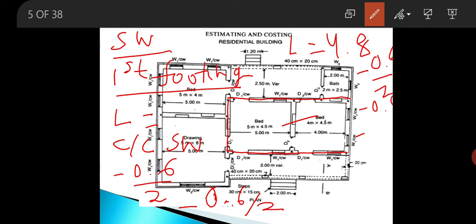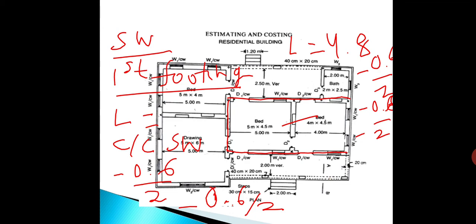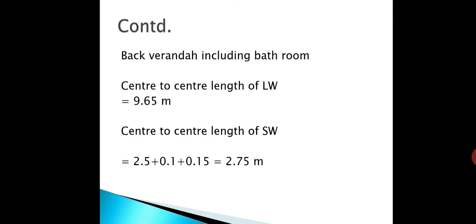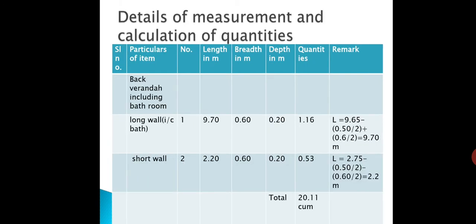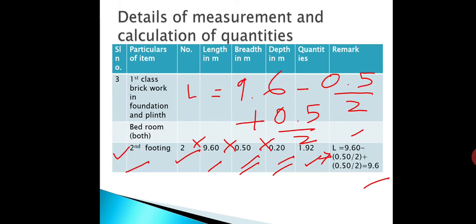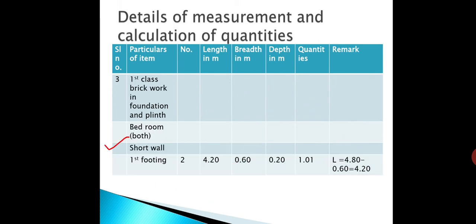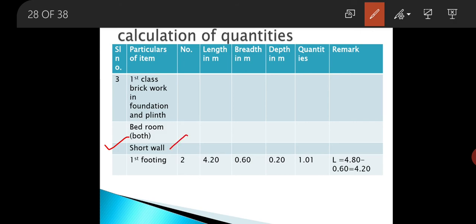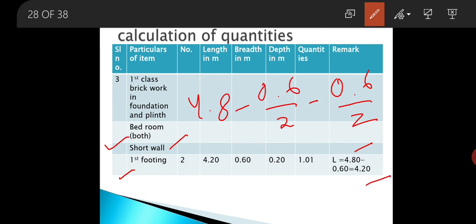So minus 0.6 by 2 minus 0.6 by 2. So this will give us the length. This is the short wall, first footing. So from the center to center length of the 4.8, we will subtract half of the width of the first footing from both the sides. This will give us the length as 4.2.